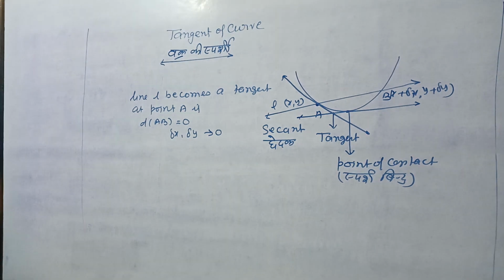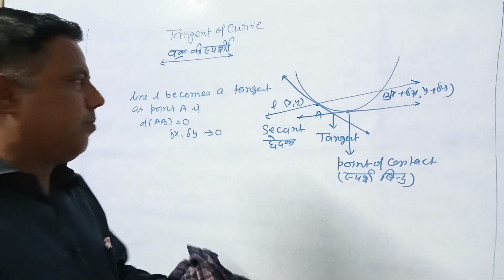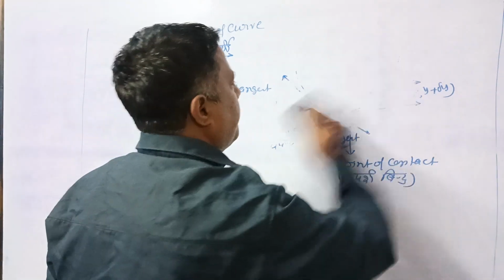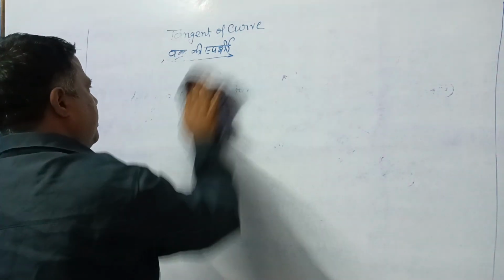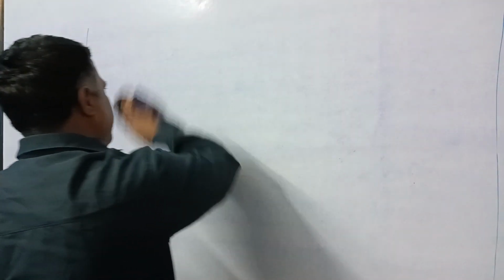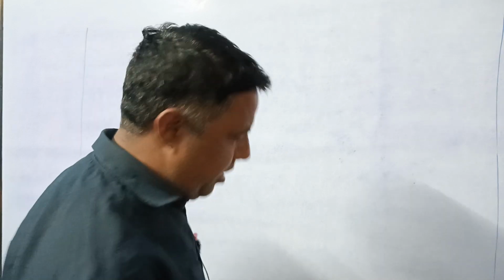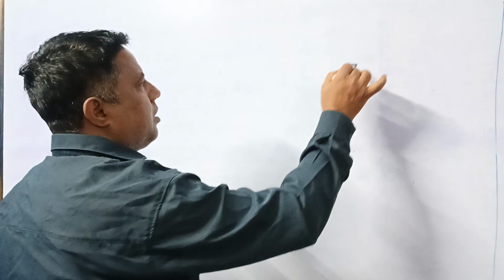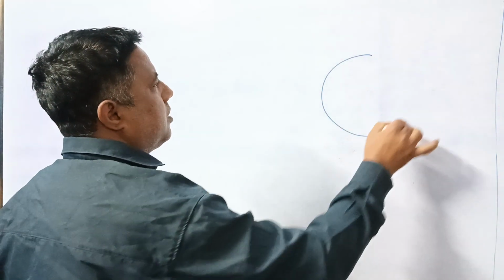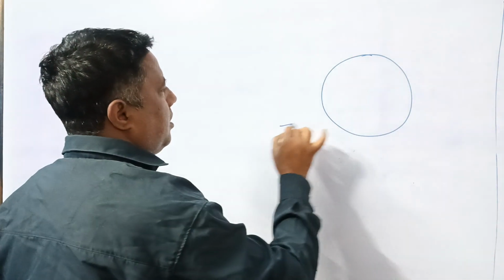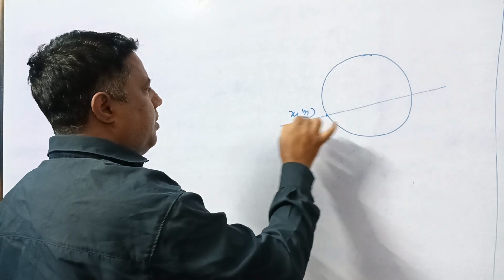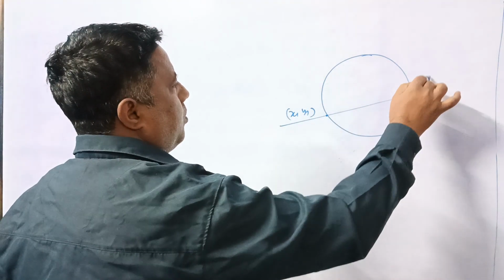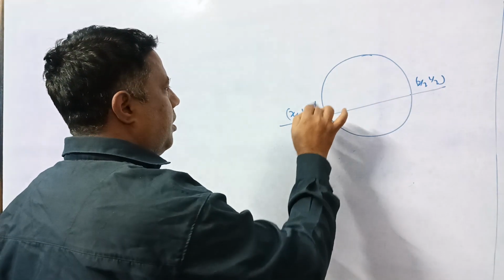Now the tangent of the circle. Here is the circle, and this is the secant cutting the line at x1 y1 and x2 y2, AB.